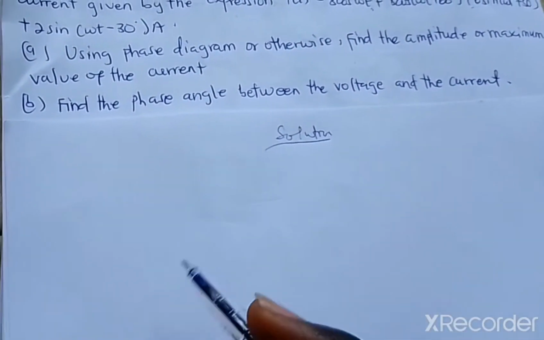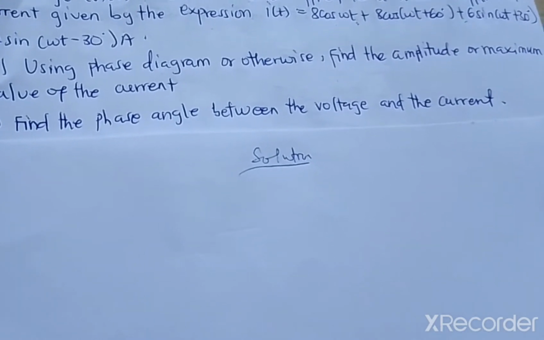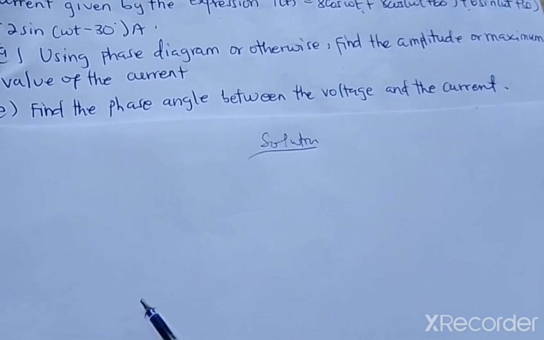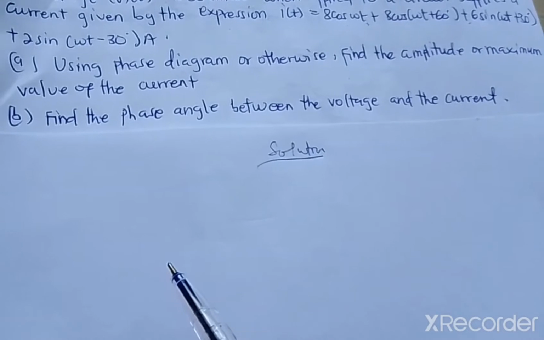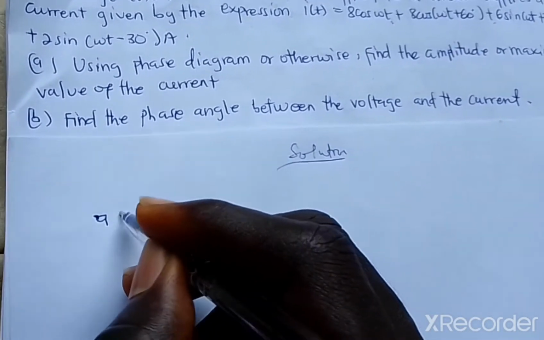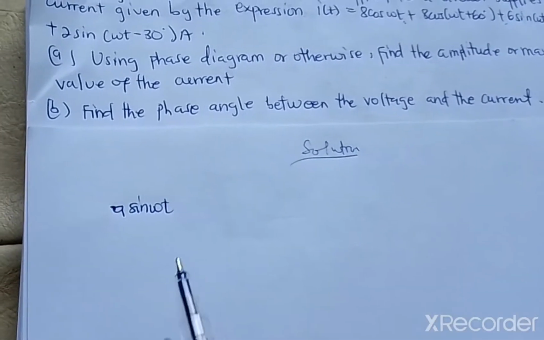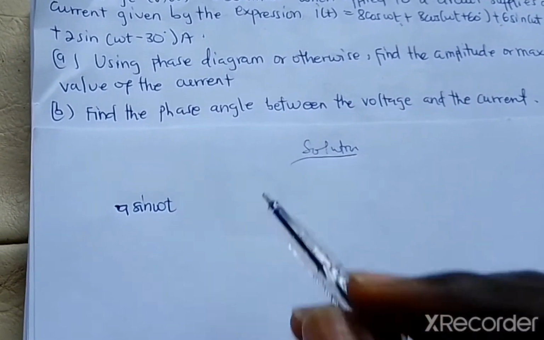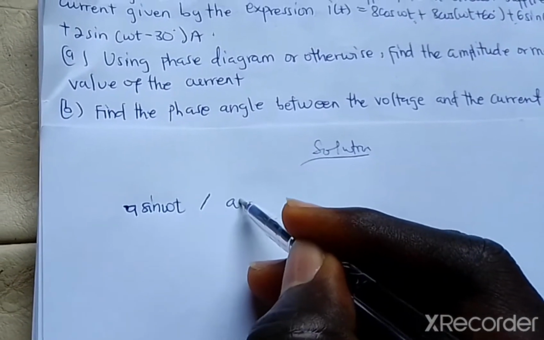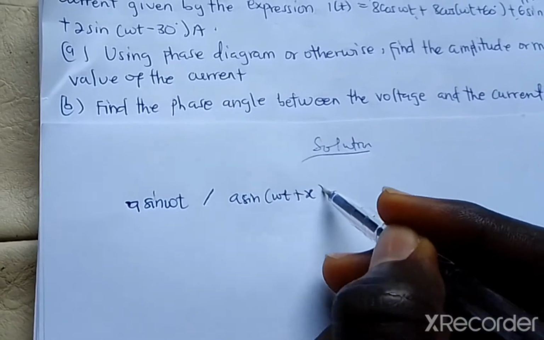Whenever you have to resolve or find the x and y components of a waveform, make sure it is in the standard waveform, and the standard waveform is A sin ωt or A sin(ωt + x).